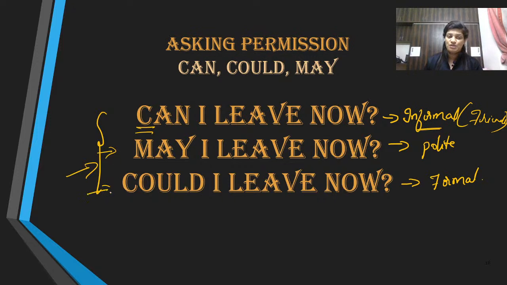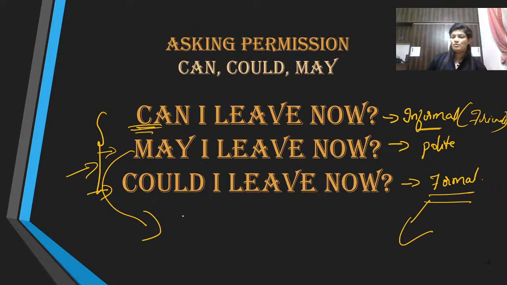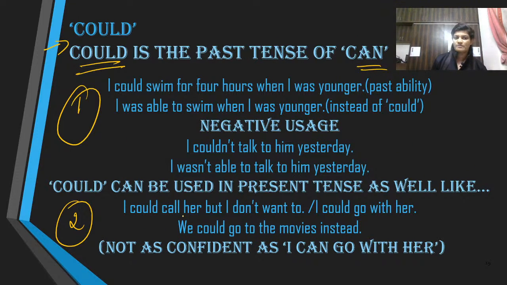And when you say could, it is only supposed to be used with your teachers, in your academic situations, or with your principal or anybody outside. When you go to some organization and you're talking to people in an authoritative position, then you are supposed to use could and not can. But you can also use may over here. I hope that's clear, Alma.